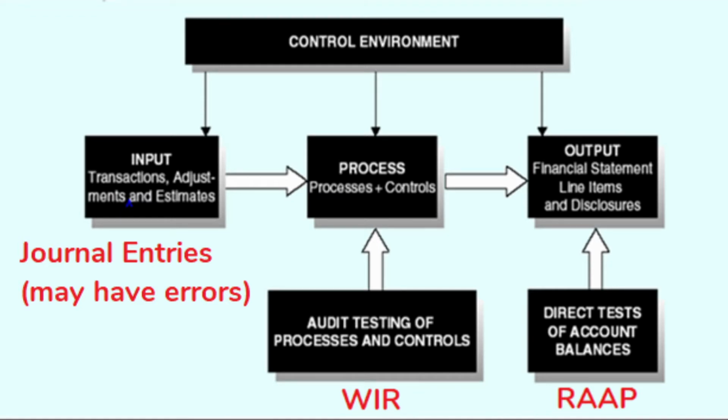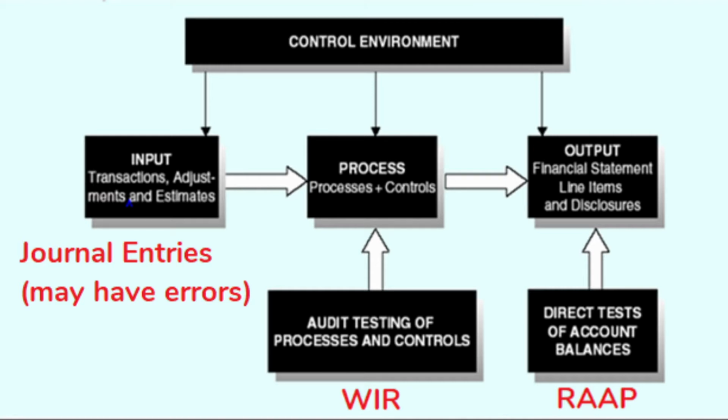Outputs, for example, is the financial statement or lines and amounts in the financial statement, such as operating expense. We've covered direct testing of the outputs earlier, which is RAAP. Controls are the processes in place between the inputs and the outputs intended to improve the quality of the outputs.